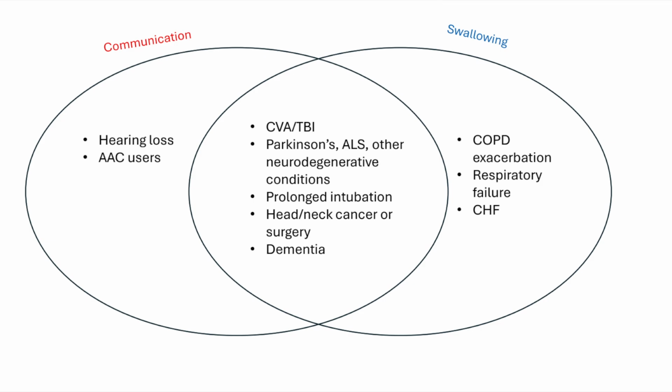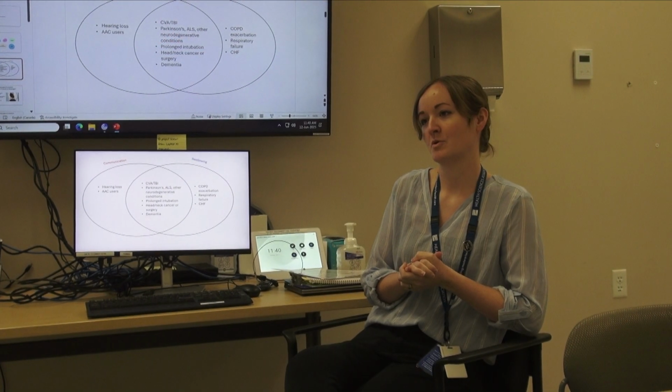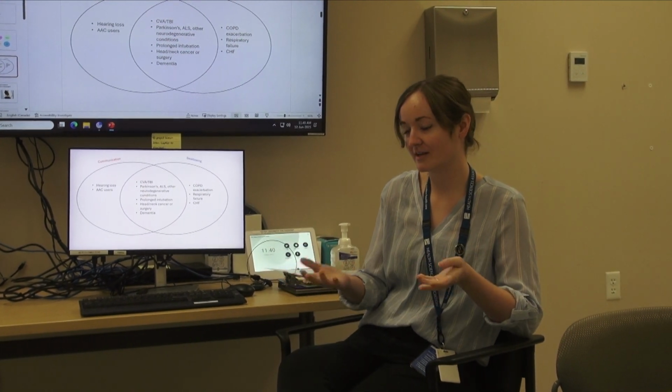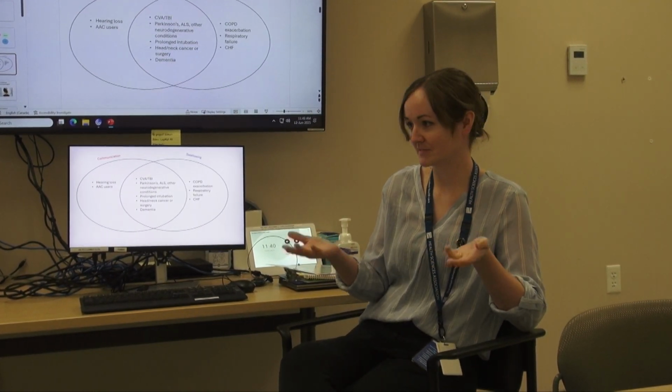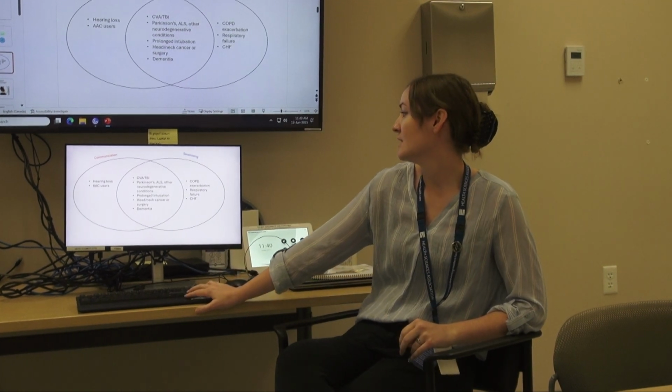I like the Venn diagram because it makes it very obvious that for a lot of these neuro folks especially, they're going to have both swallowing and communication needs. Two very different functions, but it's often all the same or quite similar anatomy. So we're just applying our knowledge of that anatomy and physiology to speech and swallowing. Different functions, but same thing.